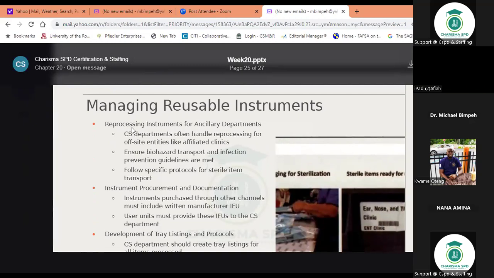Now, reprocessing instruments for ancillary departments. Ancillary, again, I'm talking about those clinics that are affiliated. Sometimes these clinics are stand-alone, like there is a physical distance where you have to go out of the main hospital, maybe drive and send to them. That's also there.